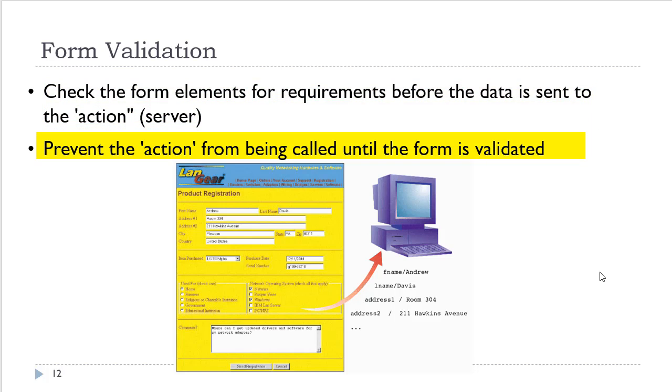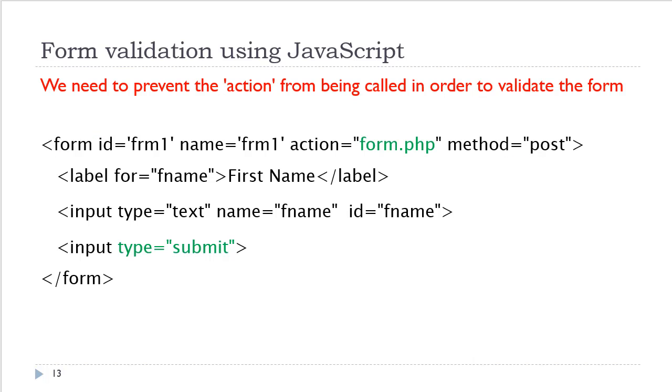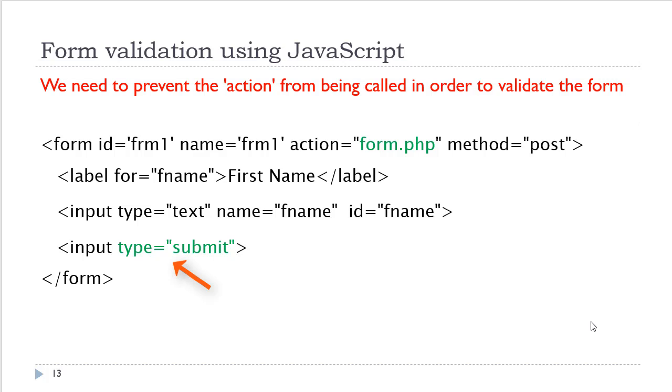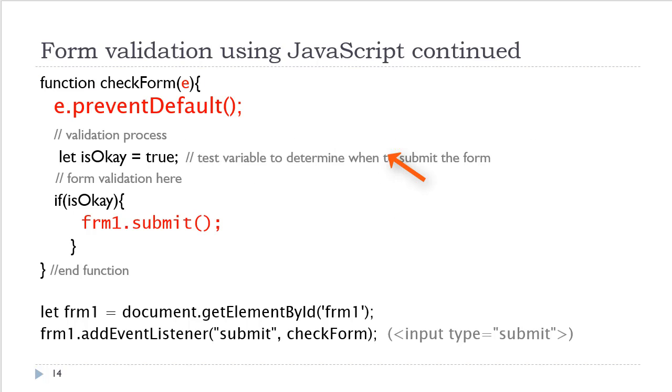Number two, we need to prevent that action from being called until the form is validated. Again, we need to prevent the action from being called in order to validate the form. The minute the user clicks on input type equals submit, it calls that action and the data is sent to that form processing program or script.